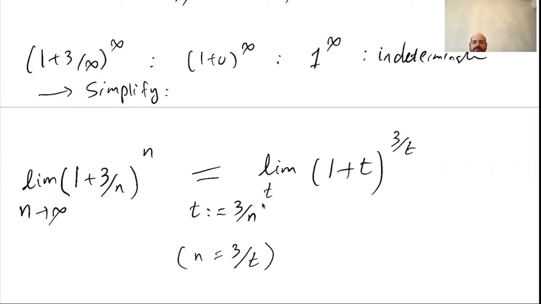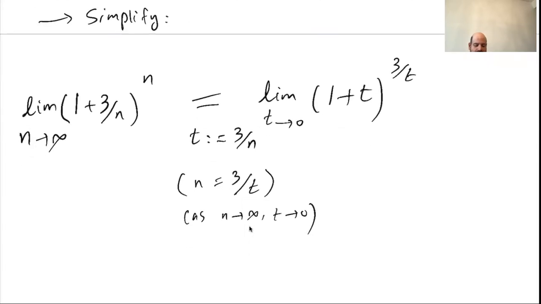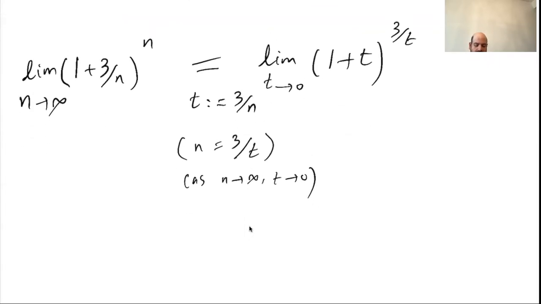Now I'm switching to t, so in the new limit t goes to which number? If n goes to infinity, t is 3 over n, which goes to 3 over infinity, which is 0. So t goes to 0. The limit is (1 plus t) to the power 3 over t, as t goes to 0.